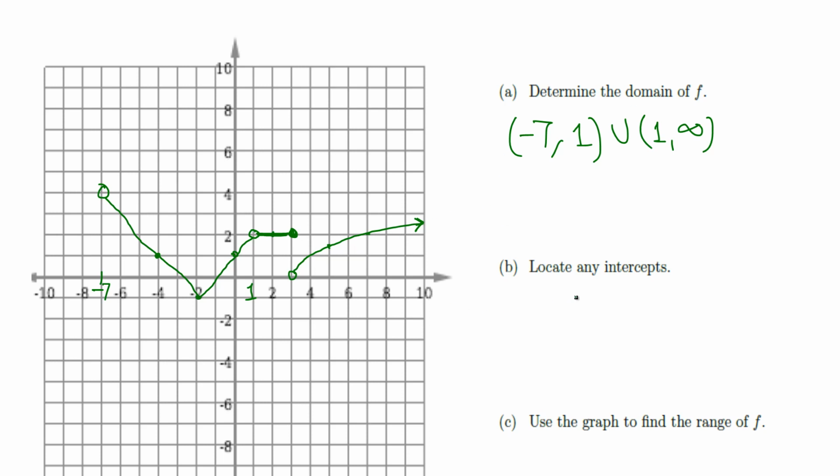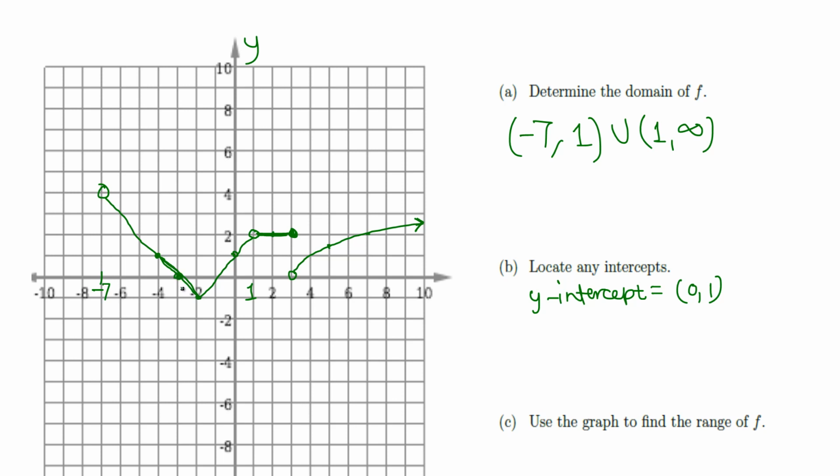That's the domain. Locate any intercepts. Look at this graph. It intersects the y-axis at (0, 1). So the y-intercept is (0, 1). Now for the x-intercept, I didn't do a good job, but this graph was supposed to go through here.